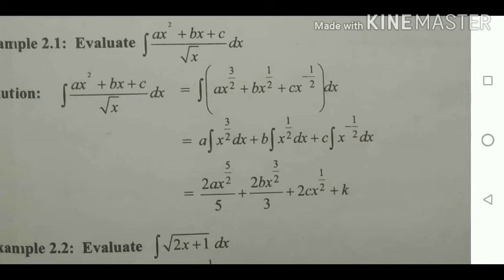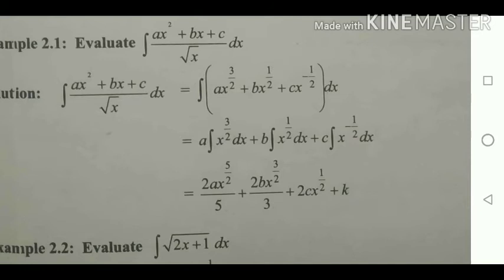Likewise, plus bx power 1 minus 1 by 2, plus c into x power minus 1 by 2. So ax power 2 minus 1 by 2 gives 3 by 2, that is 1 and a half. So ax power 3 by 2, bx power 1 by 2 and cx power minus 1 by 2 dx.